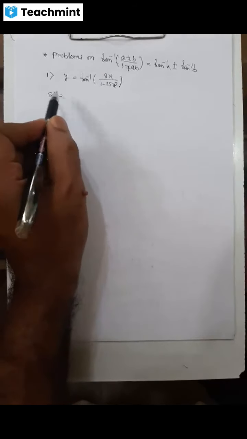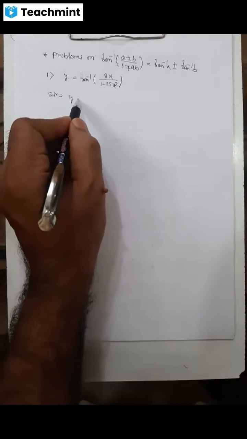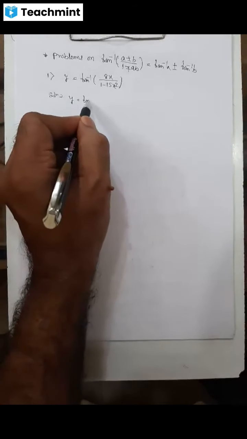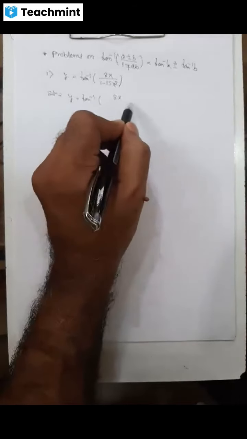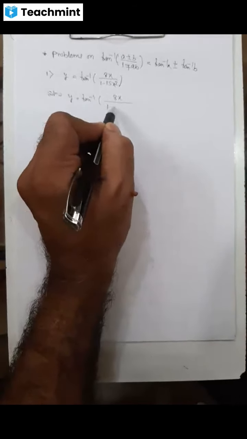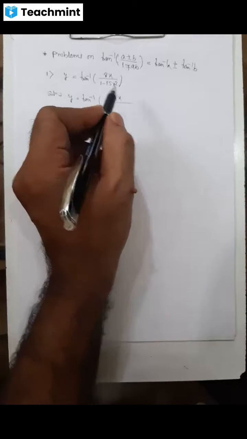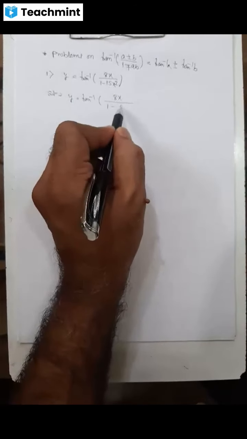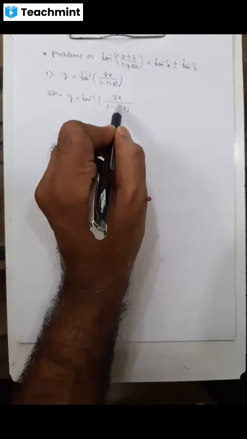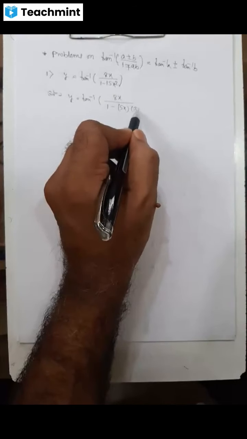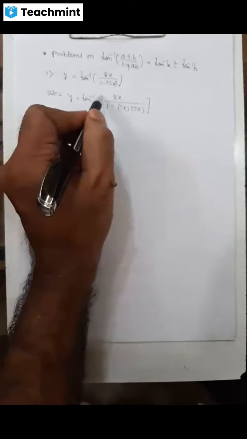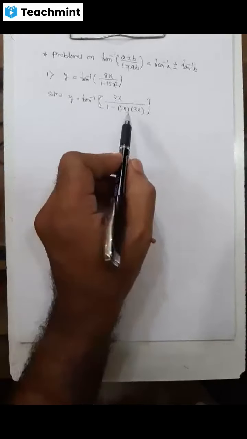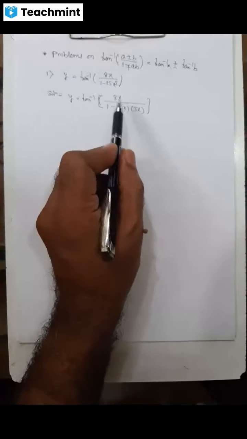So very simple. We write y equal to tan inverse of 8x divided by 1 minus the factorization of 15x square. Simply we can write 15x square as 5x into 3x. 5x into 3x is 15x square, right? And we know that 5x plus 3x is nothing but 8x.